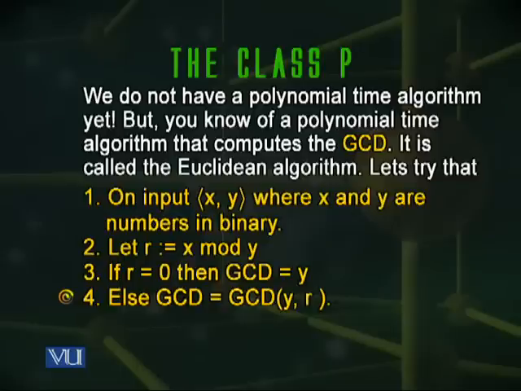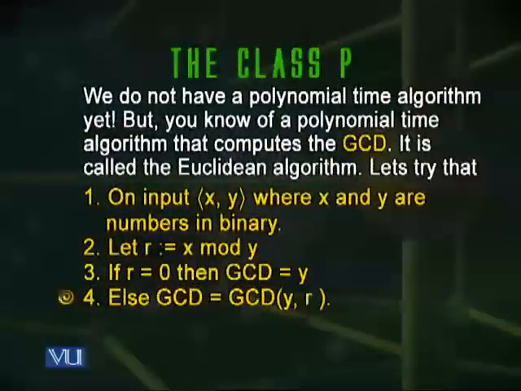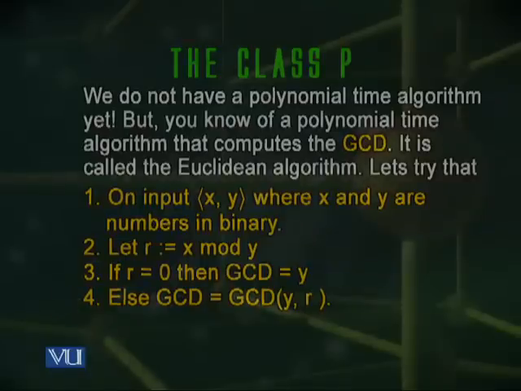If y divides x, then y is the largest number that divides x and itself. Therefore, the GCD is y. On the other hand, if y does not divide x, the remainder would be non-zero. The Euclidean algorithm then just proceeds to calculate the GCD of y and r, and it declares that to be the GCD of x and y.